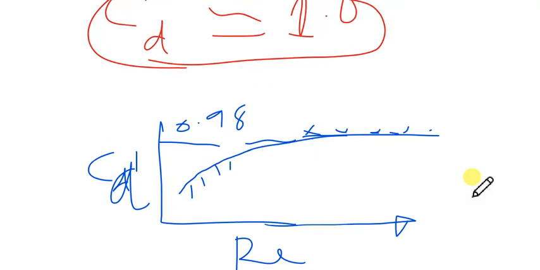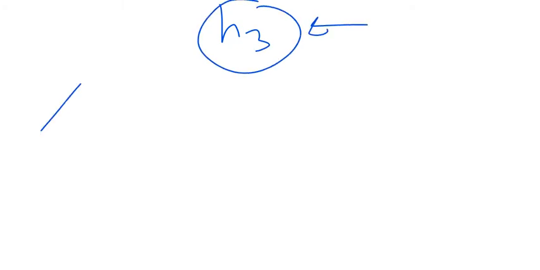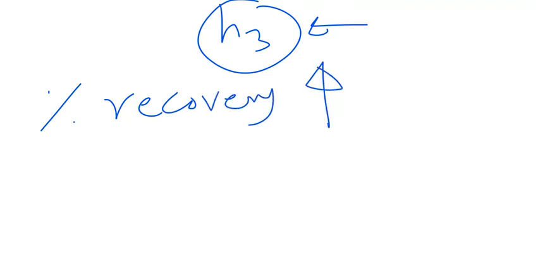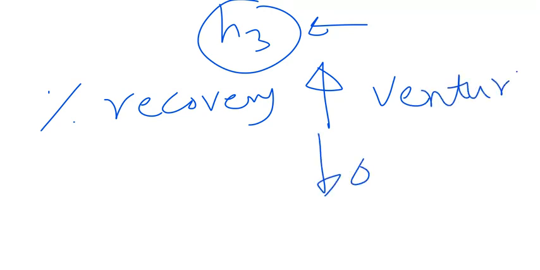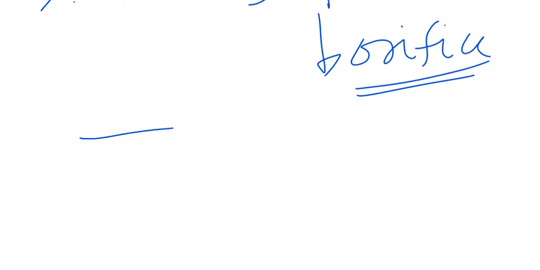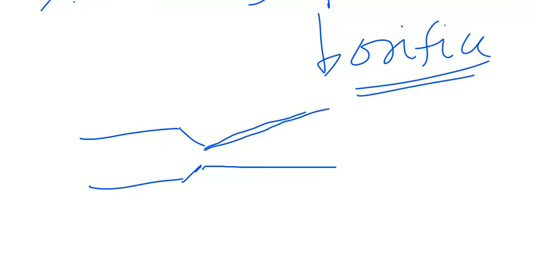What else? Then we also measured H3. H3 was the recovered pressure after the area goes back. Percentage recovery of pressure is high in Venturi meter and low in orifice meter. Why? Because the Venturi is designed such that once the area is decreased, the diverging section is bigger than the converging section, so slowly it recovers.